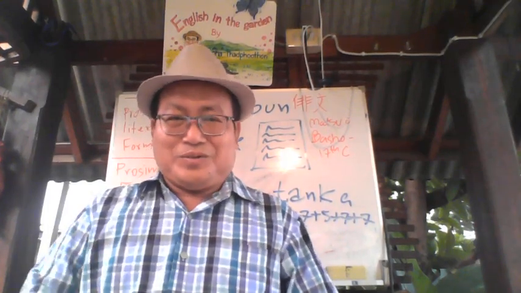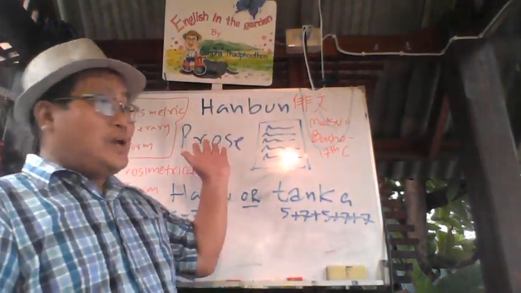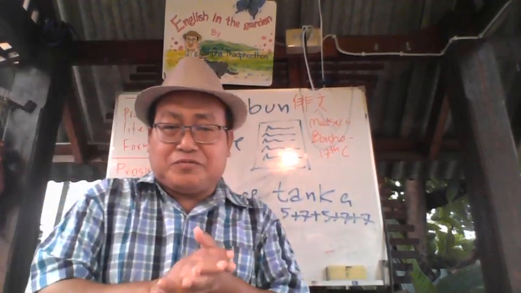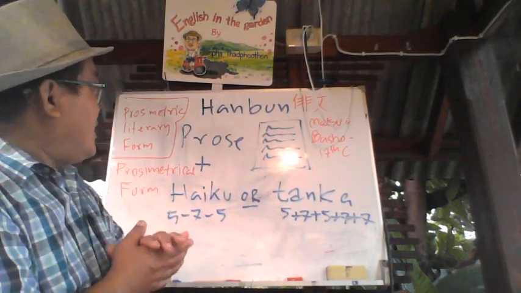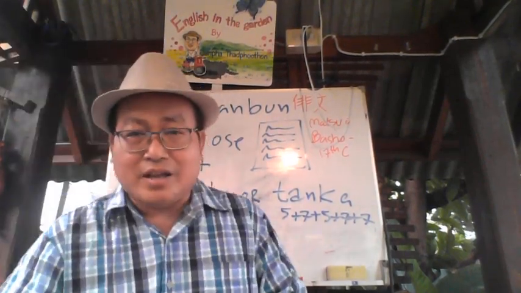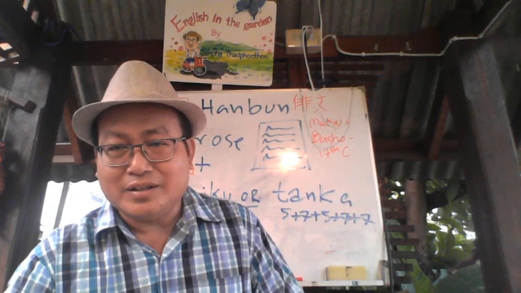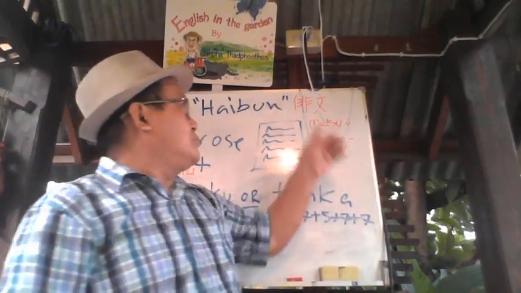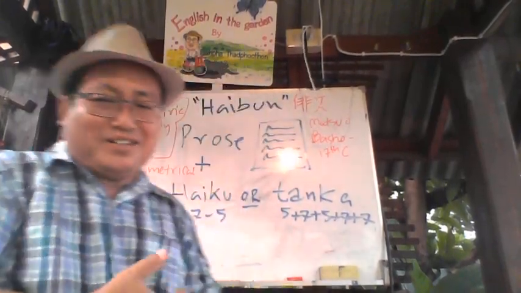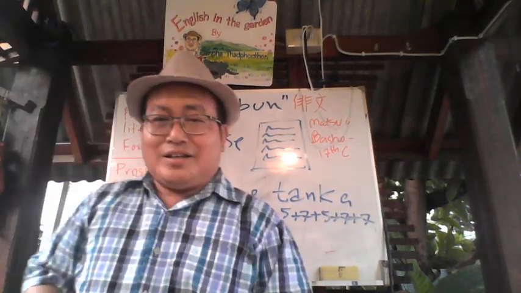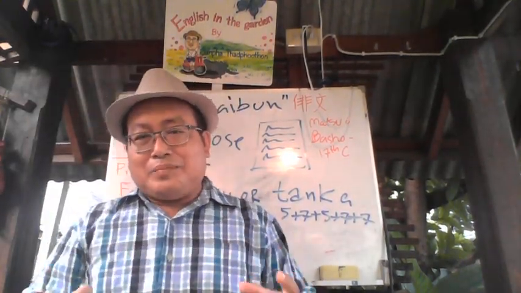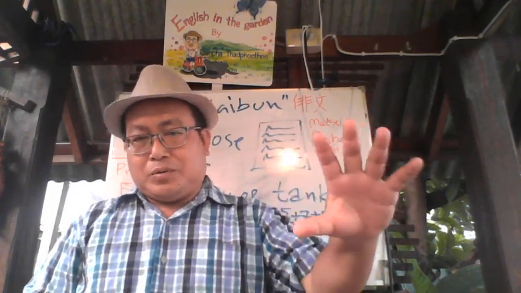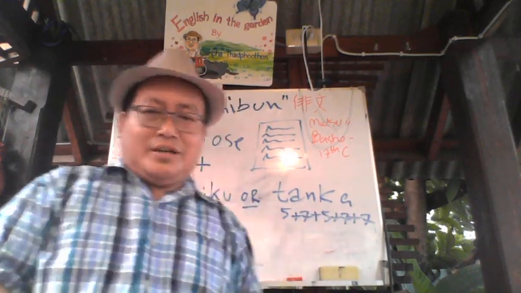I can guarantee you. Now, this morning, behind me is a Japanese poetic form, the name of which is haibun. A haibun is a combination of prose and verse, prose and then followed by verse.